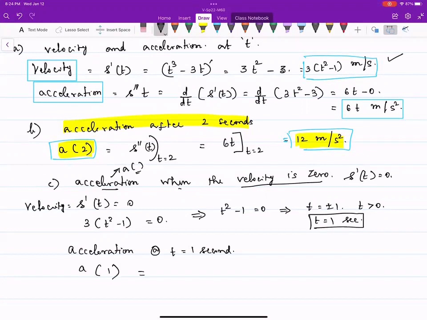What is a from what we found in part A? It is 6t. So 6t evaluated at t equal to 1, which is just 6 times 1, just 6 meters per second squared. So remember to write velocity in terms of meters per second, acceleration as meters per second squared.